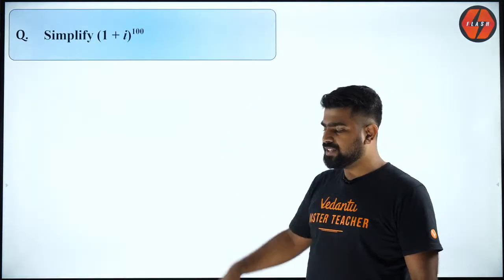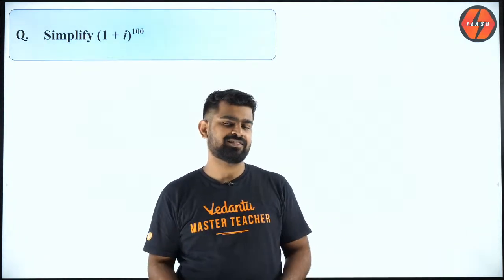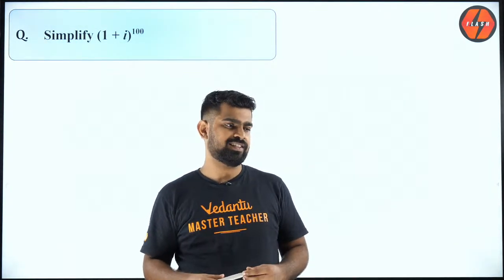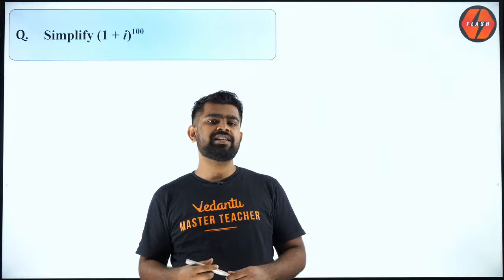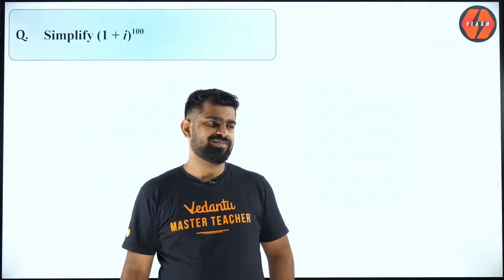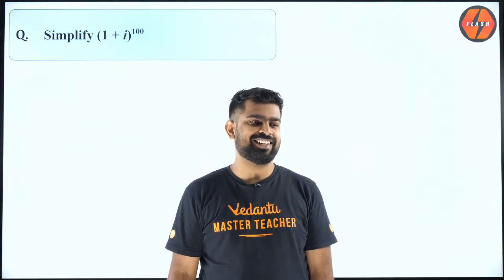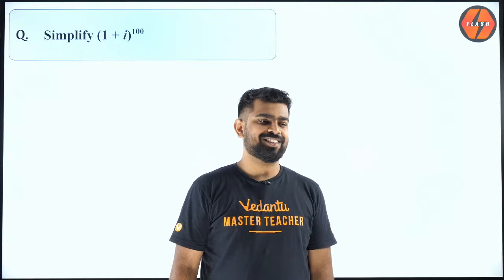So yeah, can you guys try this, everybody? Everybody, please try to solve this. All of you. Let me see how many of you are getting it correct. I'll wait for your answers.